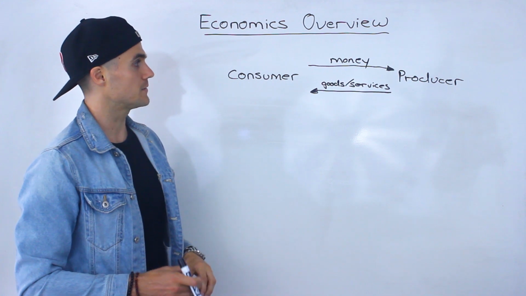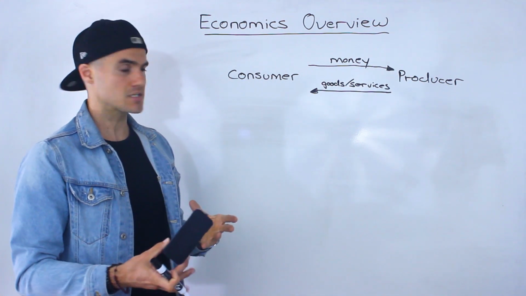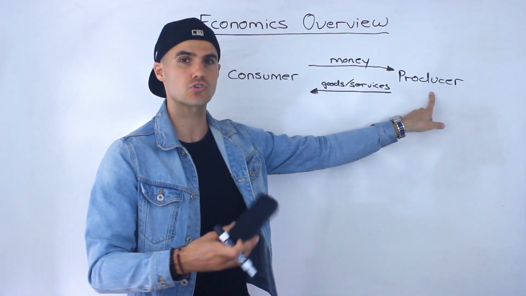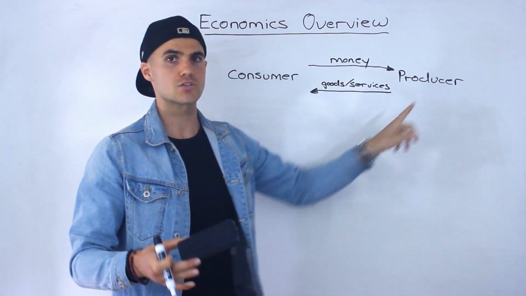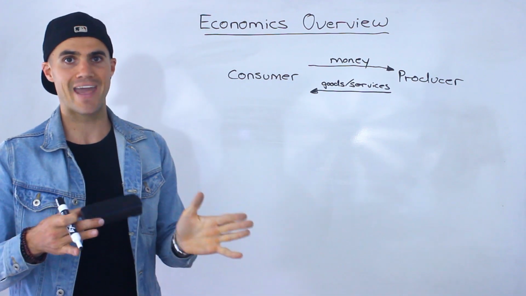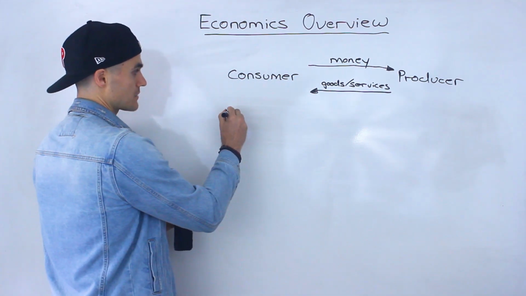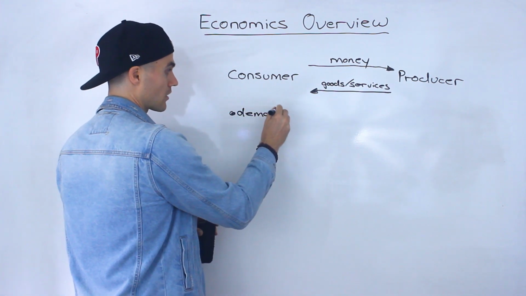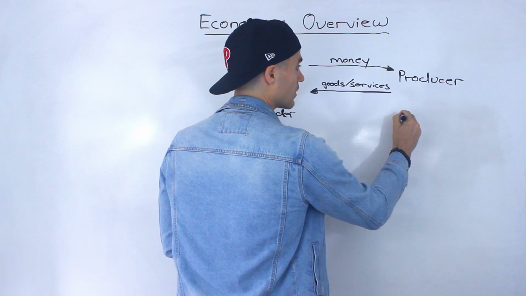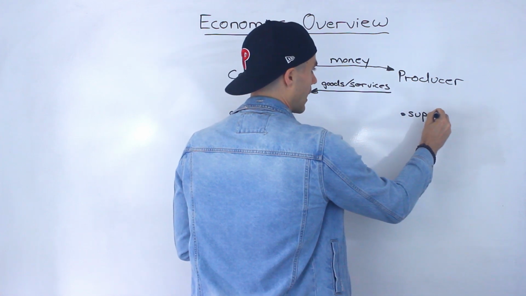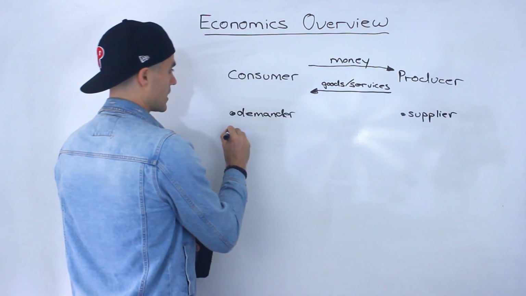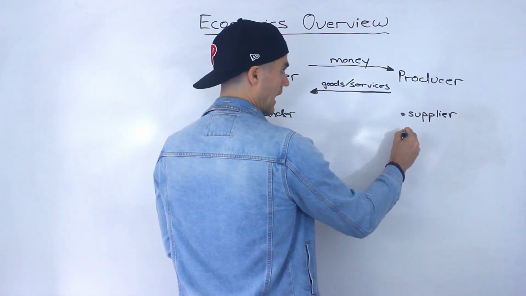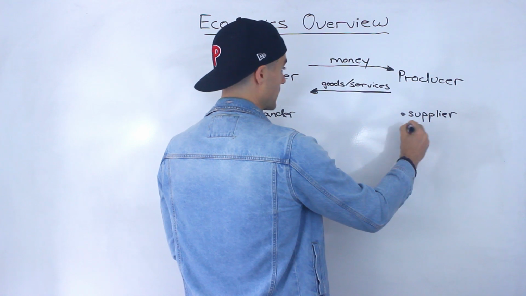Another thing I want to mention is that in certain sections, you're going to see consumer and producer described by different words. For example, when we talk about demand and supply, sometimes the consumer is described as the demander and the producer as the supplier. Or sometimes a consumer will be described as a buyer and a producer as a seller.